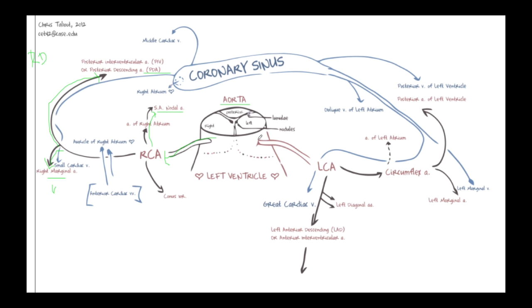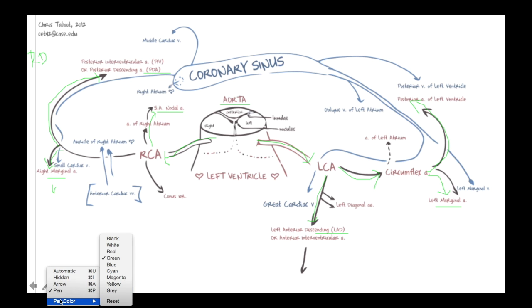And on the left side, we have our left coronary artery, which can branch into the left anterior descending artery, as well as the circumflex artery, which will branch off into the left marginal artery, as well as go around towards the posterior portion of the left ventricle.